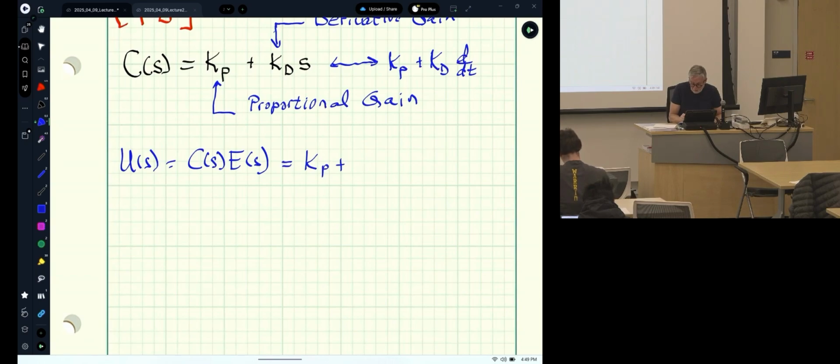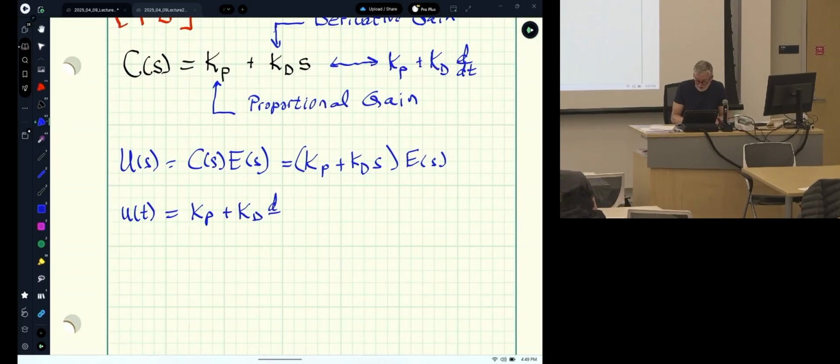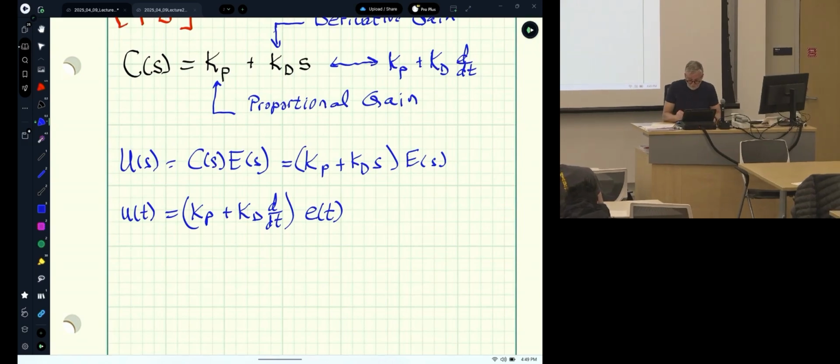So it's KP plus KD S times E of S. And if you prefer, in the time domain, that torque signal is KP plus KD d by dt operating on the error signal.